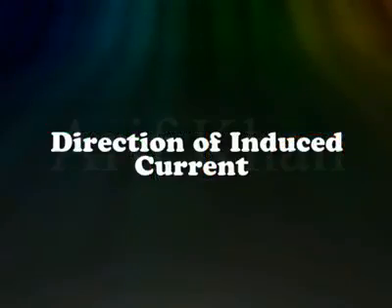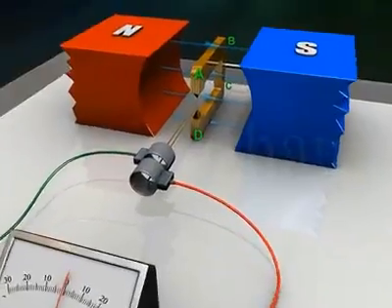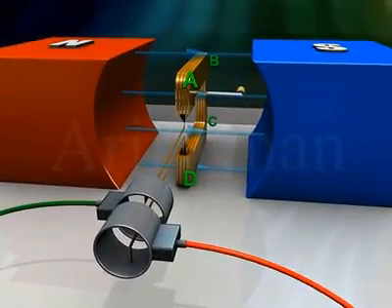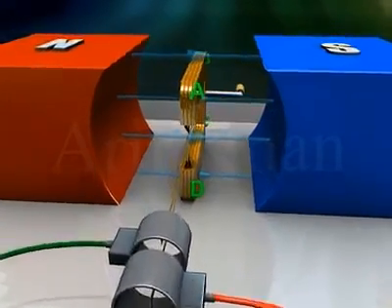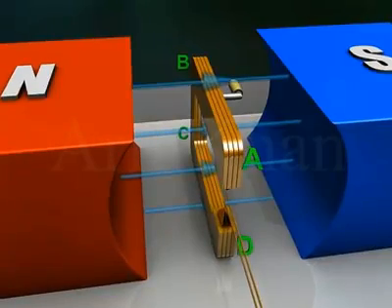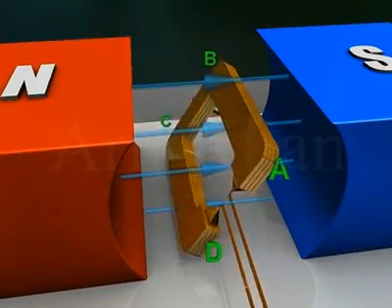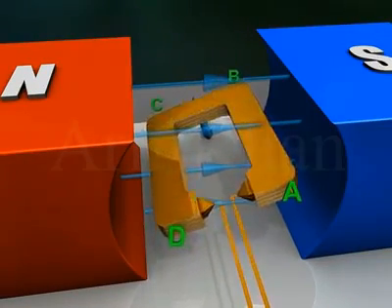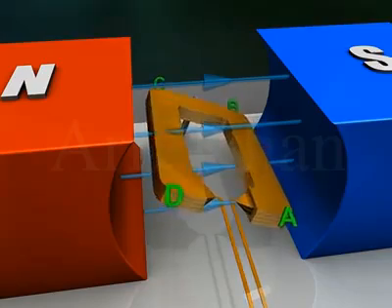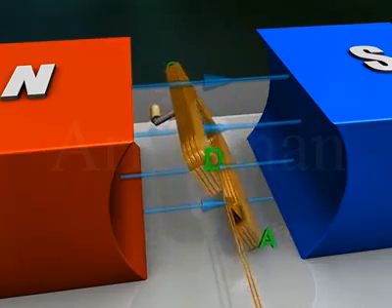Direction of induced current. Initially, the armature ABCD is vertical with its arm AB up and CD down. The direction of magnetic field is from left to right. As the armature undergoes a half rotation clockwise, arm AB moves down while arm CD moves up.